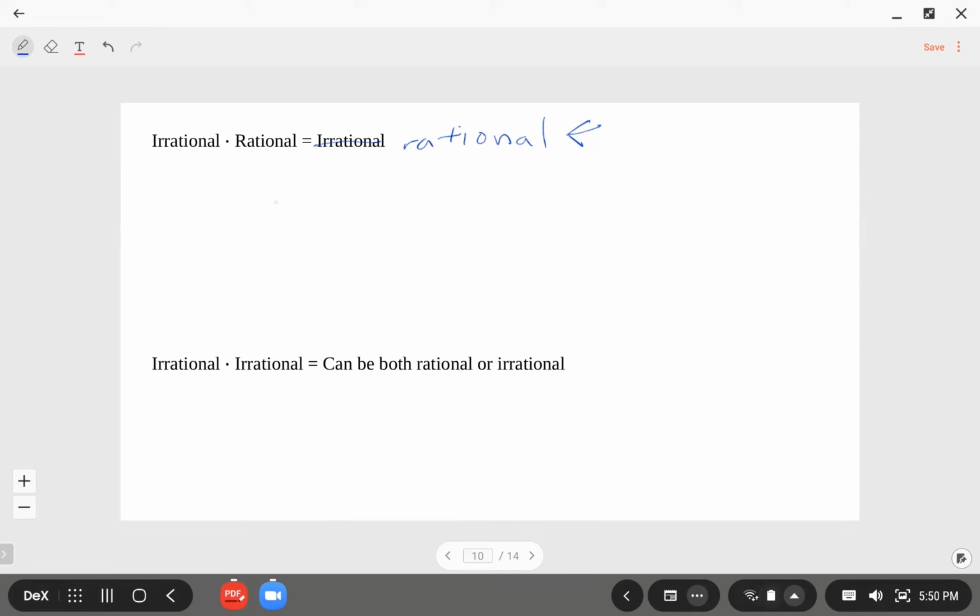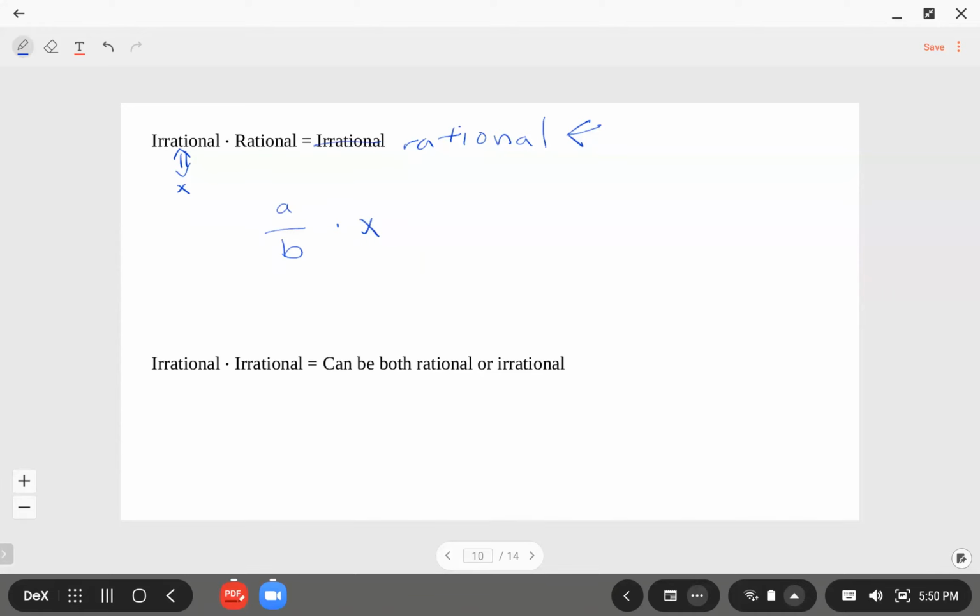So let's say a over b will be our rational number, and x is our irrational number.